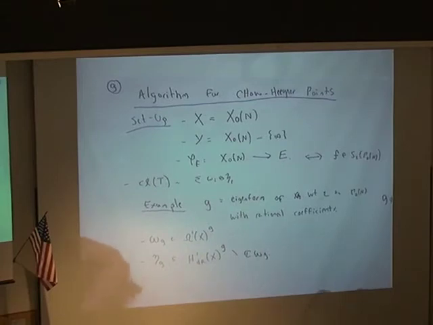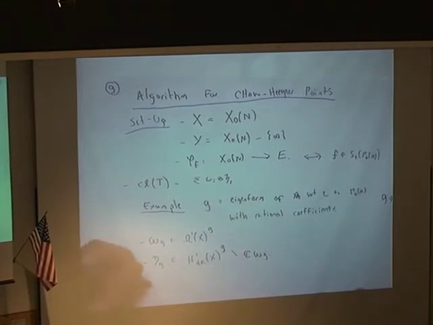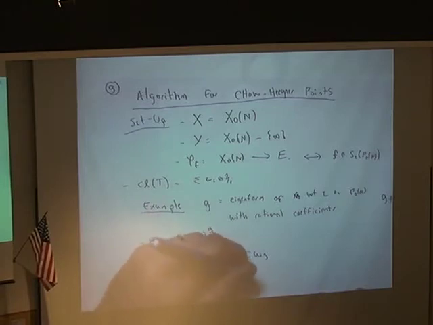And then the class we're going to consider is simply going to be omega g tensor eta g minus eta g tensor omega g.